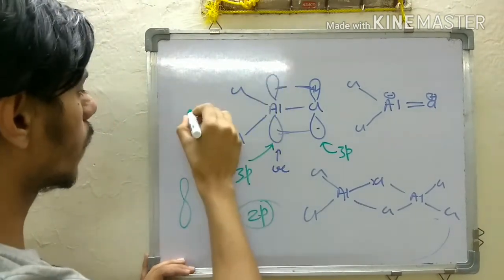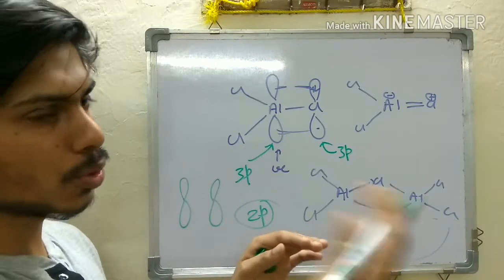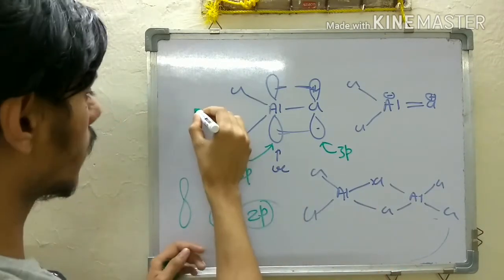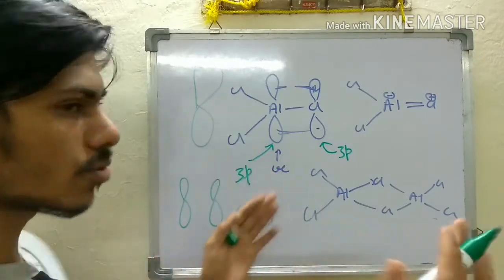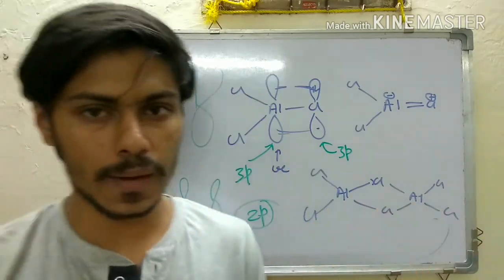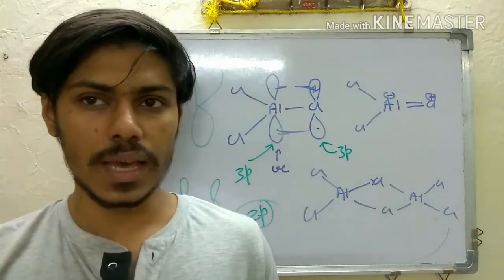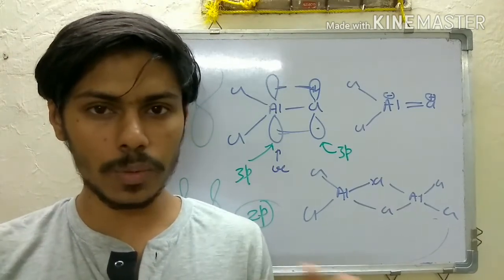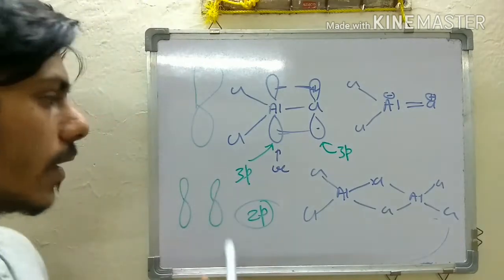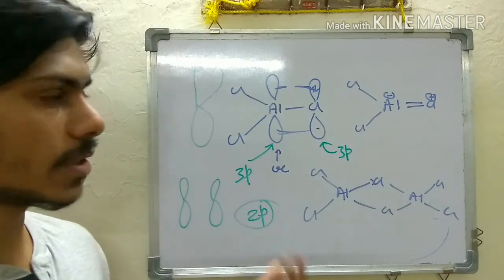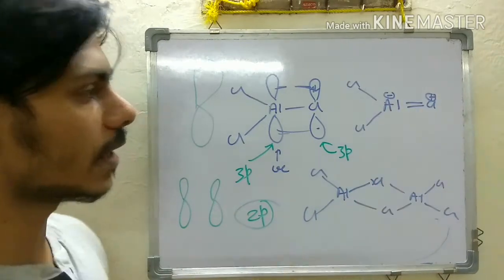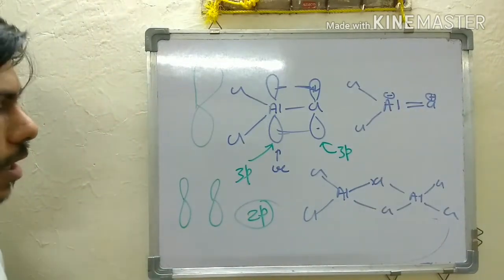If you take 3p or 4p, this type of orbitals are diffused in character, and that's why their overlap is not good. Pi bonding is inherently a weaker bond than a sigma bond. So orbital overlap is very important, and if your orbital is diffused, then your orbital matching will be very less, and that's why this type of stabilization is not effective in case of AlCl3.